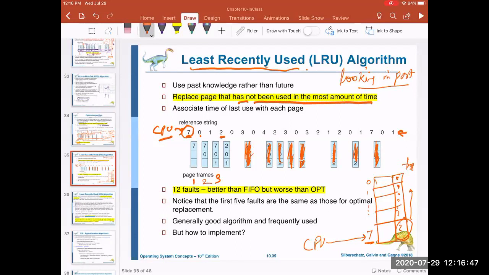So we have to find that particular frame. 7 has not been used in the most amount of time, so let's remove it. This becomes the victim. This is an algorithm that uses the activity of recency.